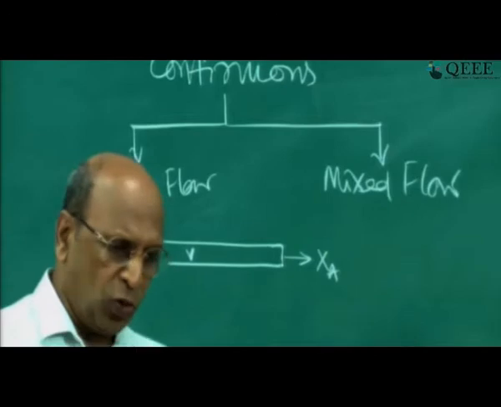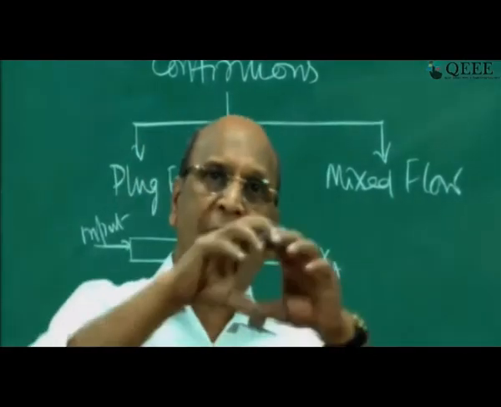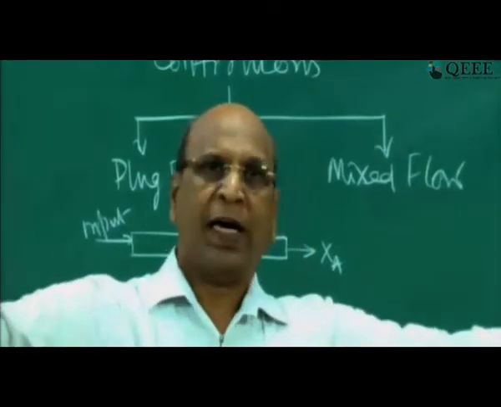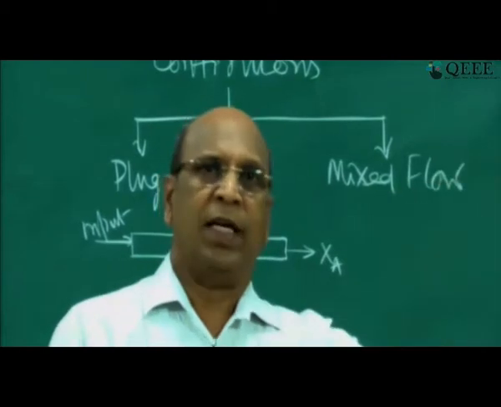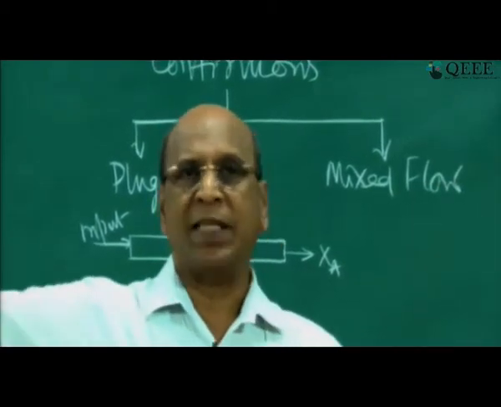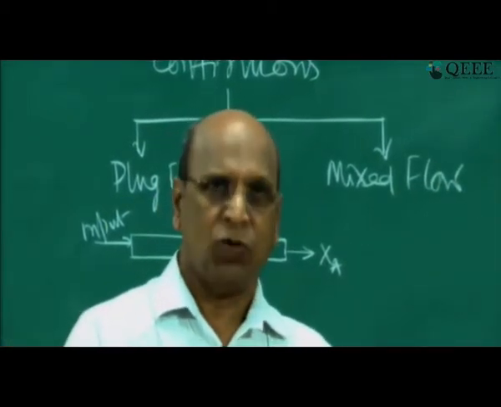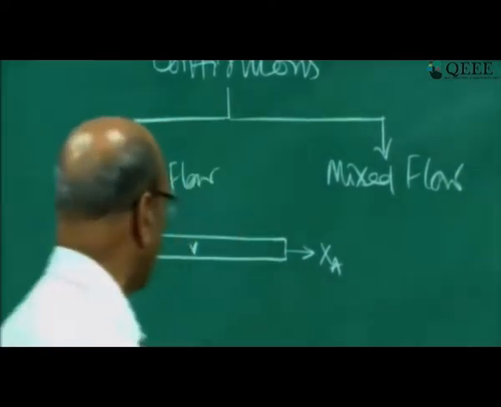So that means when you take a continuous system, you can have a very lengthy tube and then introduce the reactants and find out what is the conversion at the end. And in the design, you have an equation where you can calculate that also.